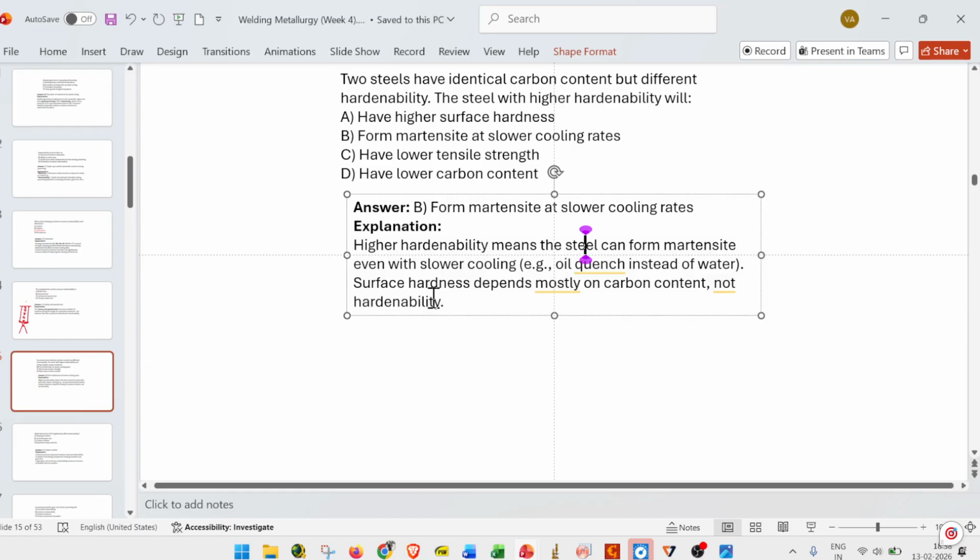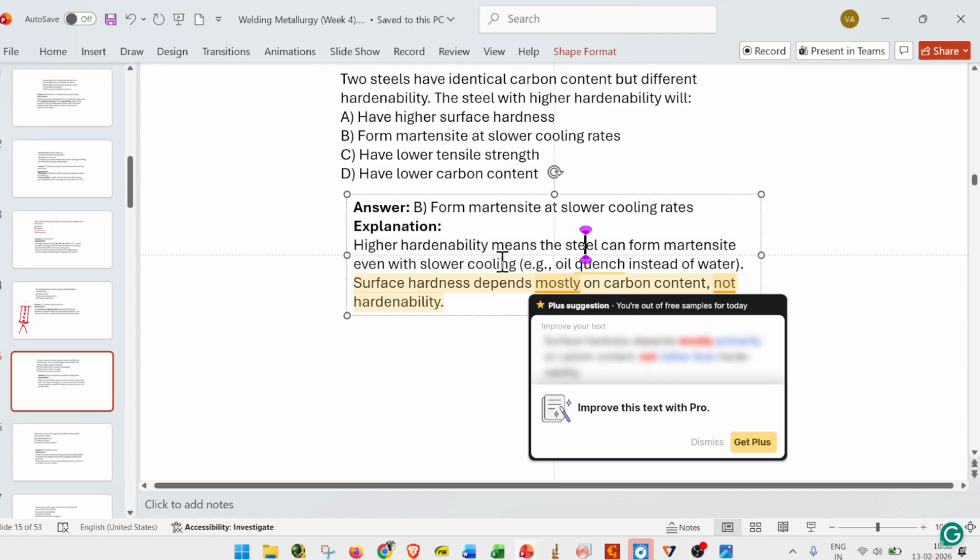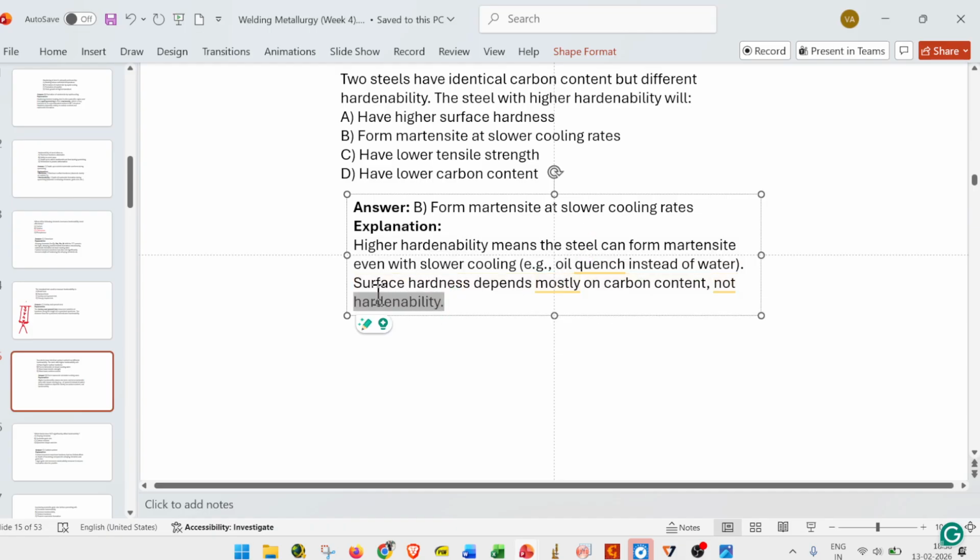Higher hardenability means steel can form martensite even at a slower cooling rate, even with oil quenching instead of water. Surface hardness depends mostly on the carbon content, not the hardenability. Hardenability only relates to the formation of the martensitic phase.